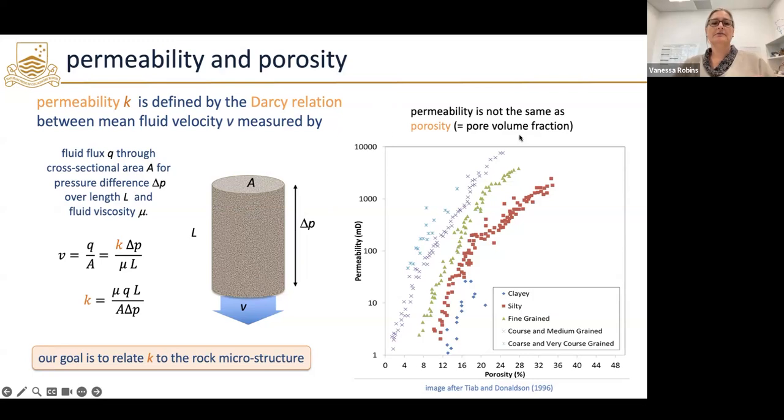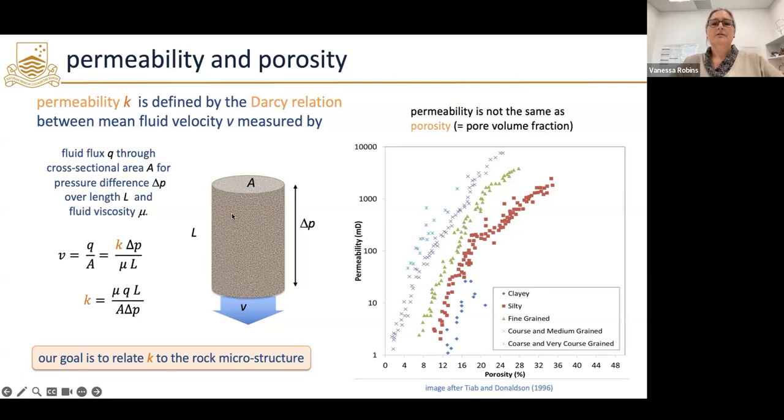It's the fraction of space that's occupied by one phase compared to the other phase. So it's the volume of the pore space divided by the volume of the entire cylinder. And then permeability is telling you something about how fluid can flow through that sample, yeah?